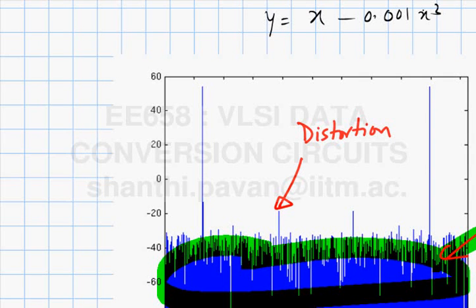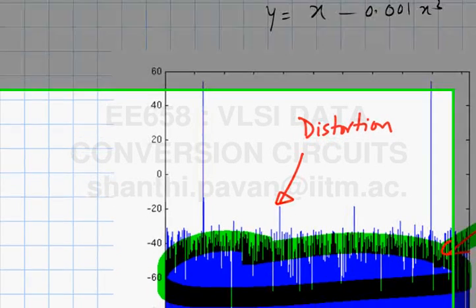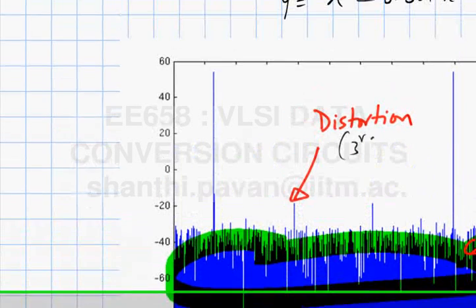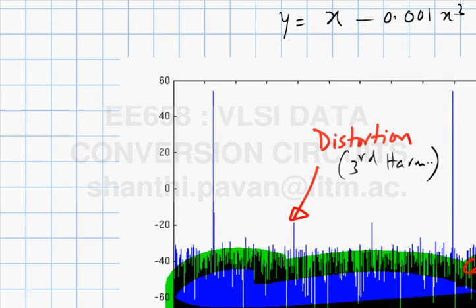And this is an odd order nonlinearity, so you would expect to see only odd harmonics. So you can see that this has the fundamental and this is the third harmonic. And the spurious free dynamic range in this case is clearly 54 and about 20.